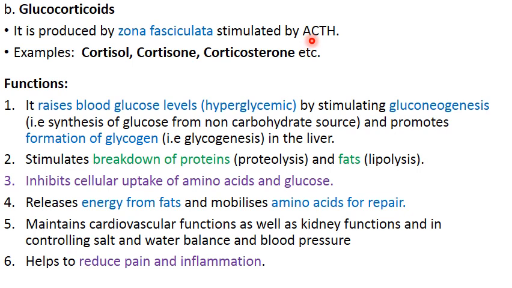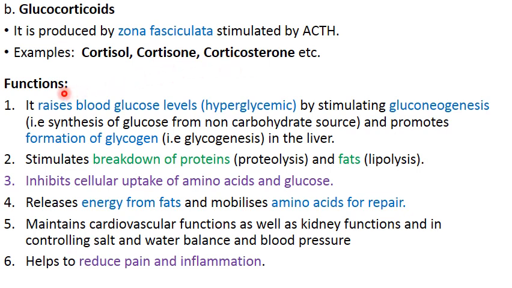If you recall, we said that ACTH will act upon the adrenals but stimulate it to produce either glucocorticoids and sex corticoids. So ACTH will stimulate zona fasciculata to pour their secretions, that is glucocorticoids. We said these are a group of hormones. So the main hormones in this are cortisol, cortisones and corticosterone.